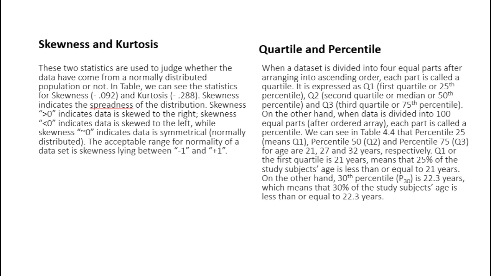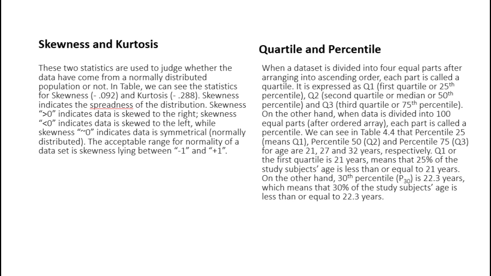On the other hand, when data is divided into 100 equal parts after ordered array, each part is called a percentile. We can see in Table 4.4 that percentile 25 means Q1, percentile 50, Q2, and percentile 75, Q3, for age are 21, 27, and 32 years, respectively.